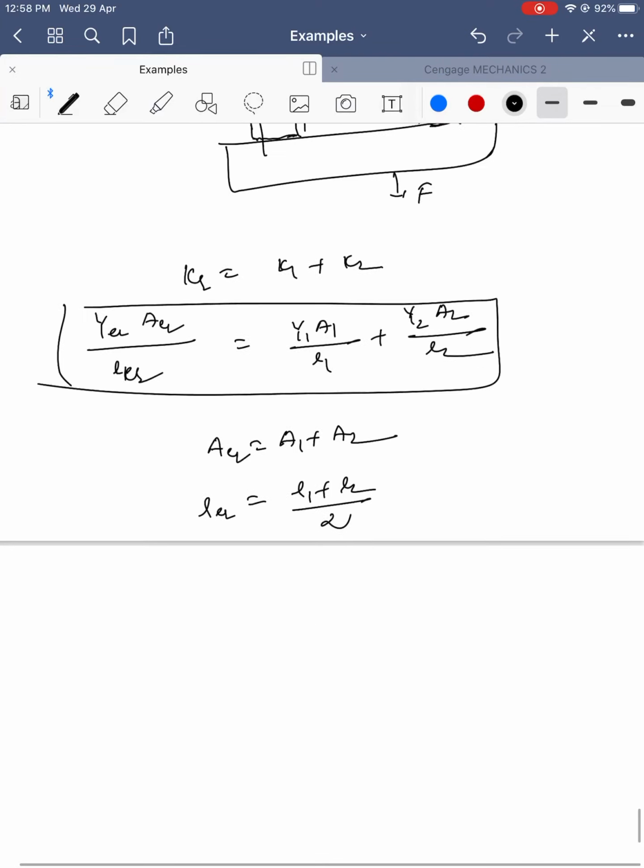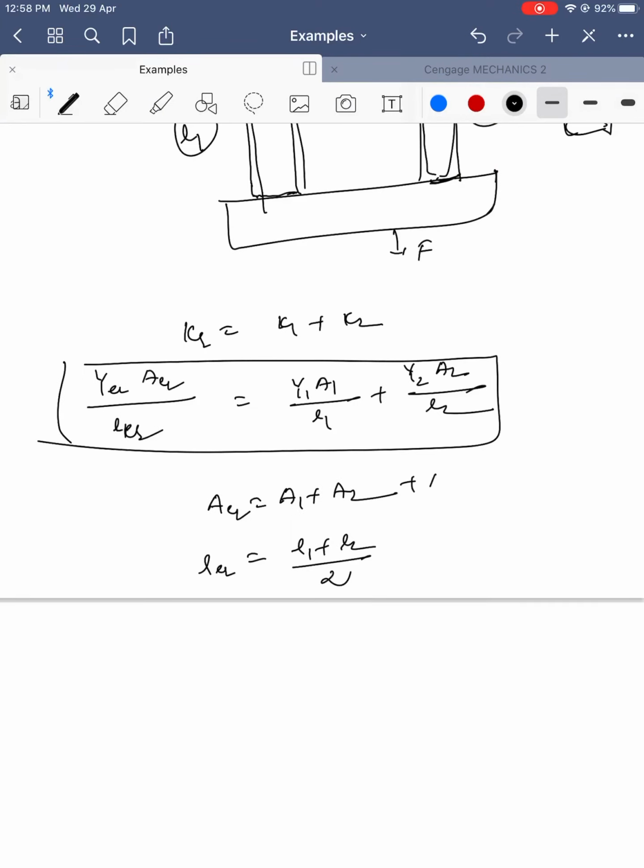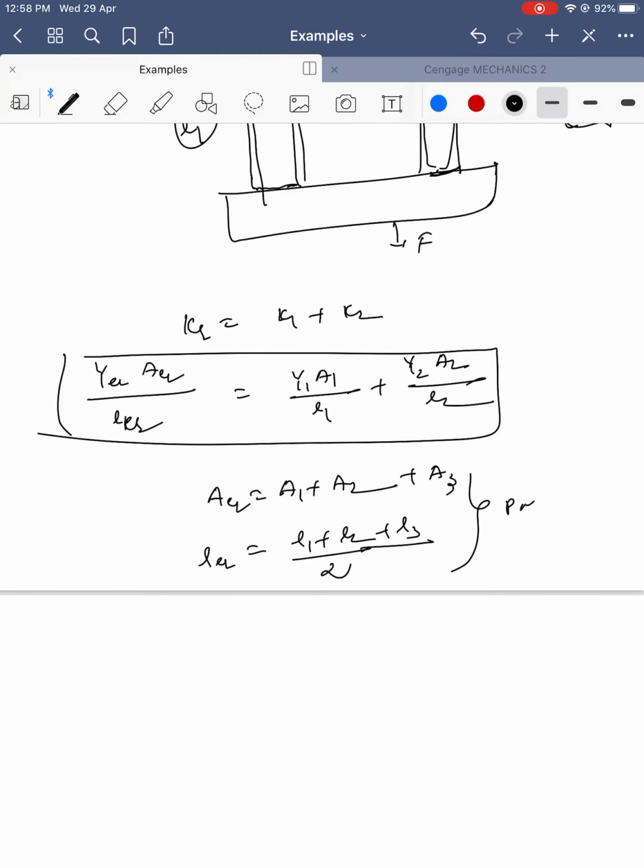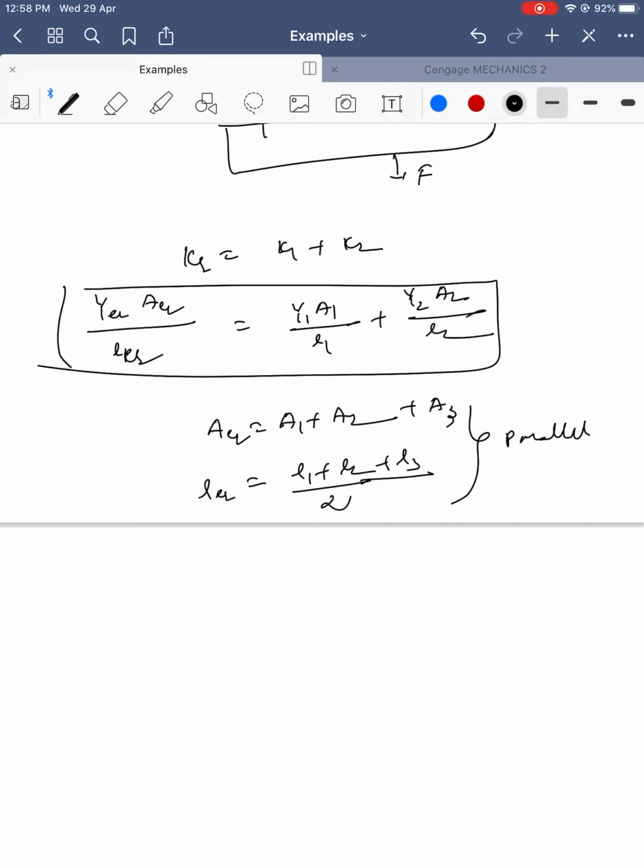If instead of 2 rods there are 3 rods, A equivalent is equal to A1 plus A2 plus A3 and length is L1 plus L2 plus L3 by 3. So that is if the rods are in parallel. Whatever the number of rods, you add, and the denominator is also divided by that number. If the rods are in series, A equivalent is A1 plus A2 by 2, and L equivalent is L1 plus L2.